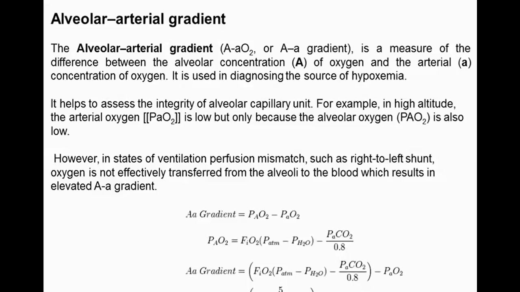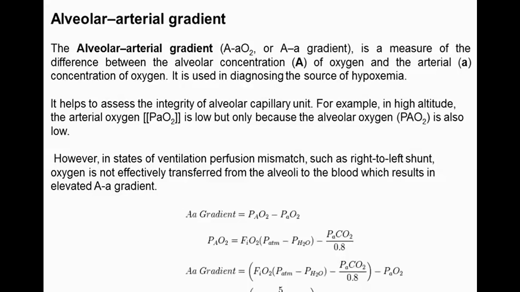By how much? By the pressure made by the PCO2. So it equals PCO2 multiplied by 0.8. Is it clear? So all of this is the alveolar pressure, minus the arterial PO2 will be the A gradient.